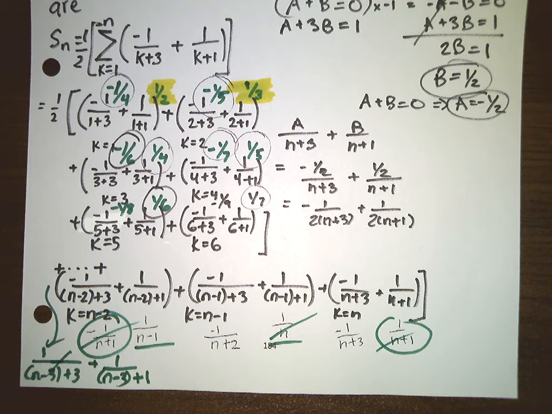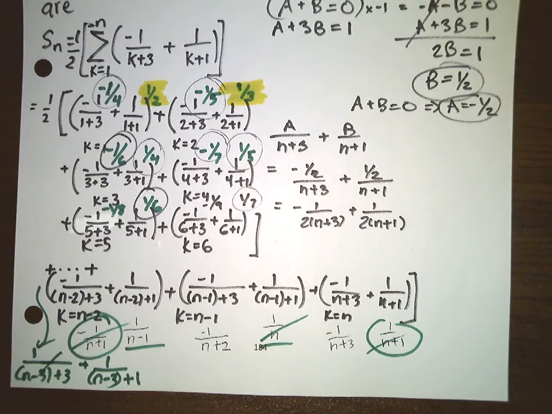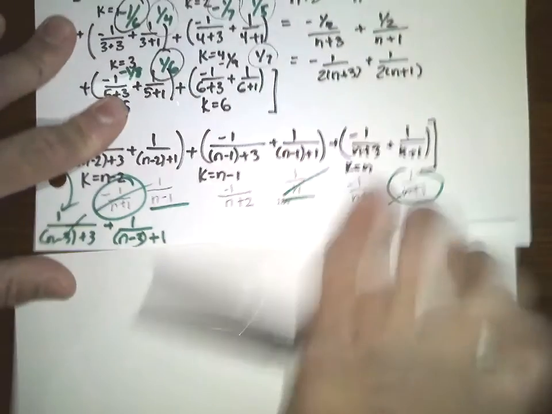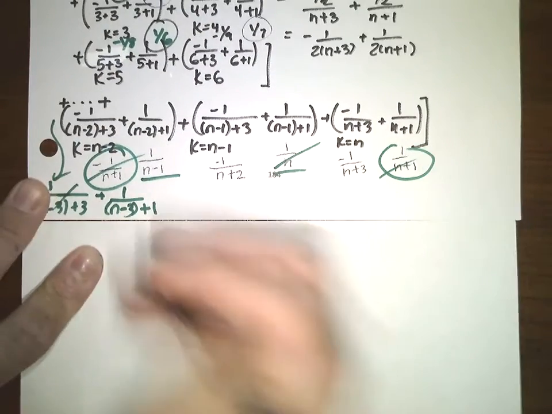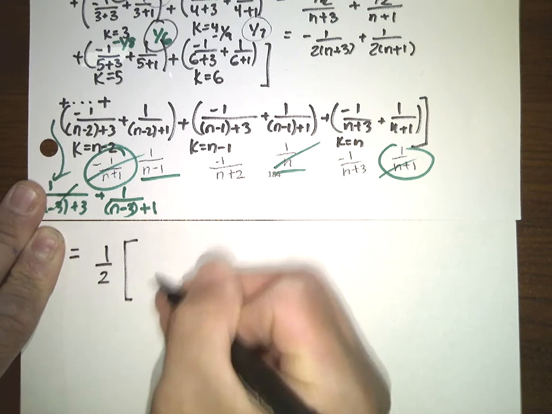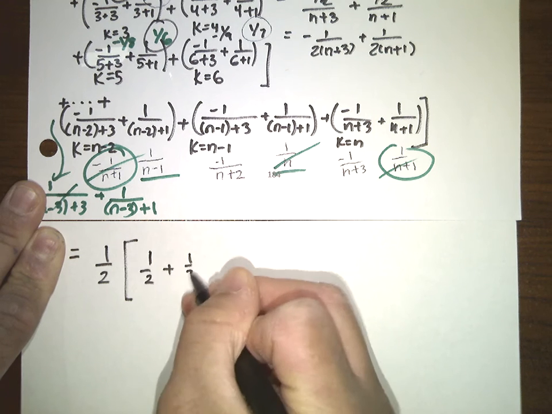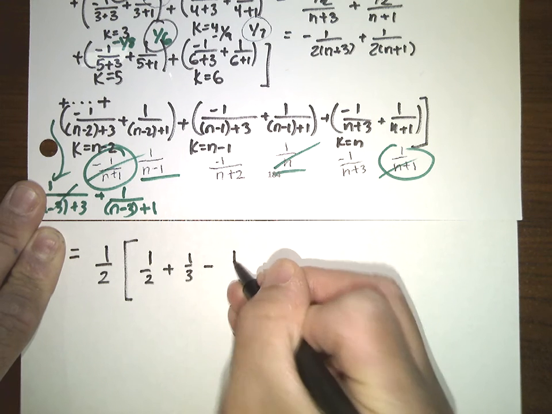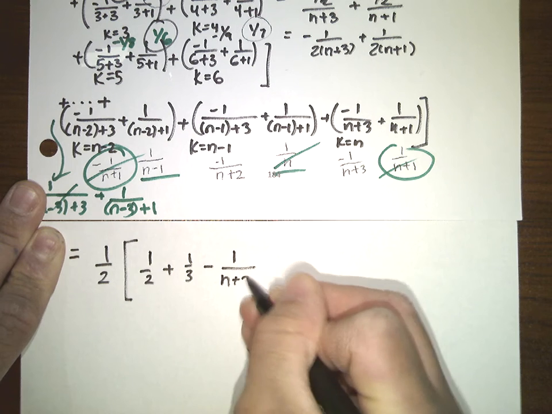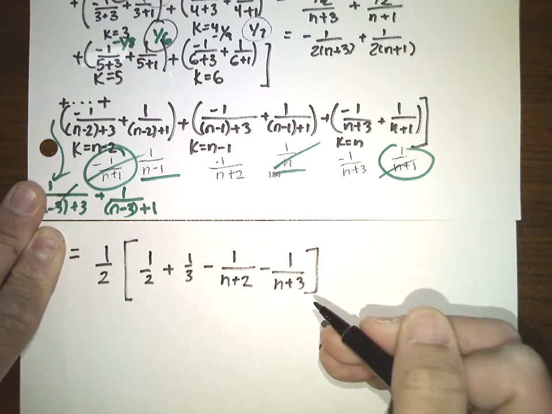So what you're left with then is, and I'll write it on a new page here since I realize I'm running out of room, 1/2, and then we had the 1/2 plus a third, and then minus 1 over n plus 2 minus 1 over n plus 3.